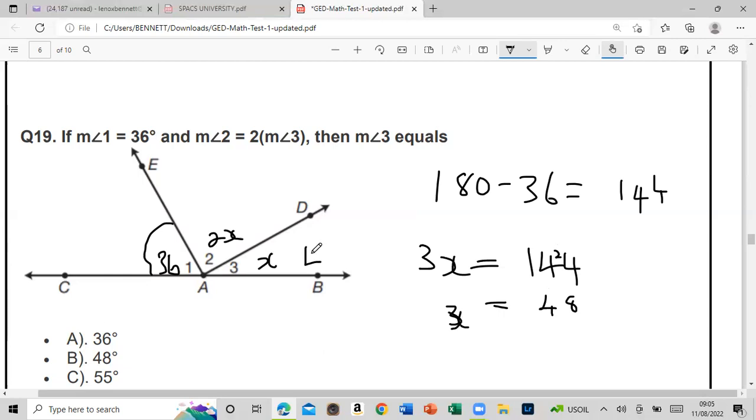So x equals 48. Now we double 48. So we get 96. What did they ask for? Oh, this one they asked for angle 3. I don't know why they do it like that, and choosing it as L. Why not just say A, B, or C?